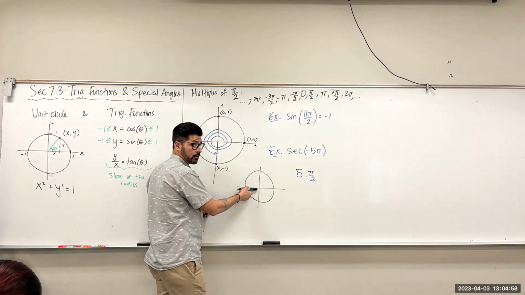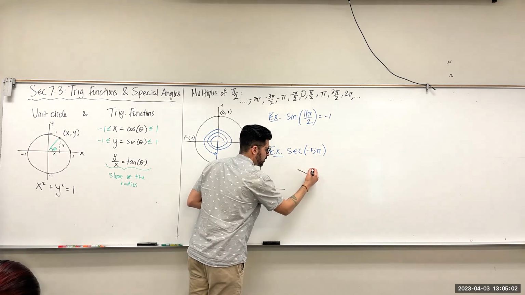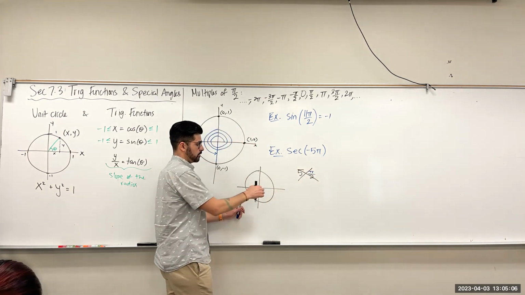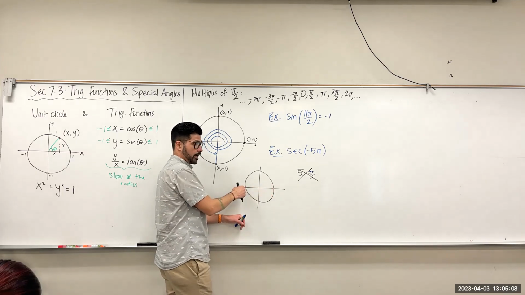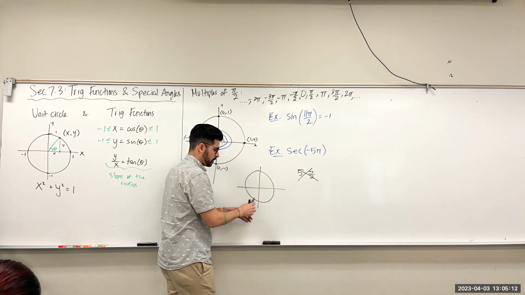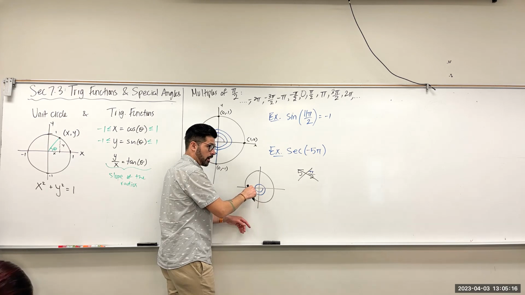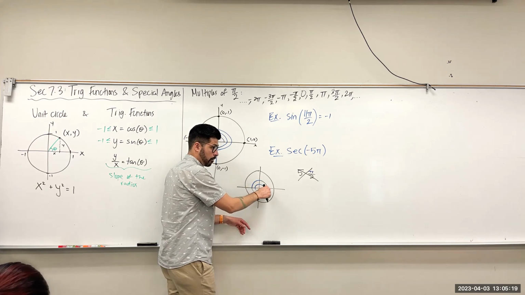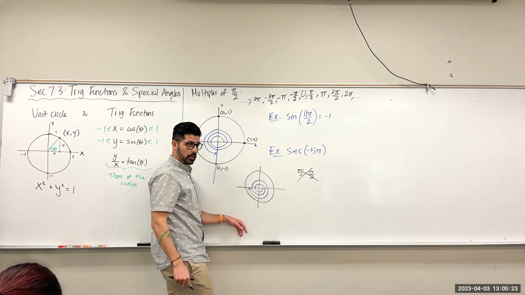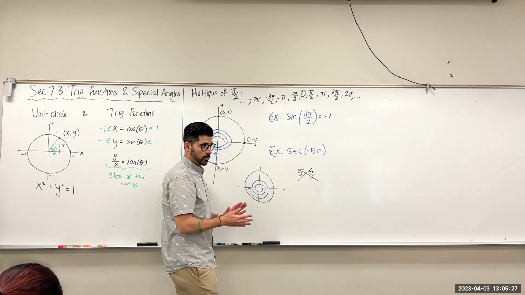It's negative 5 pi. So you go negative 1 pi, negative 2 pi, negative 3 pi, negative 4 pi, 5, and you end up right there. So just be careful with that.